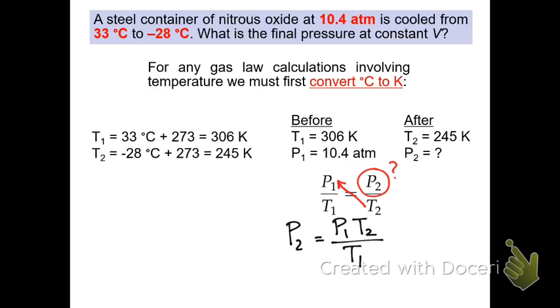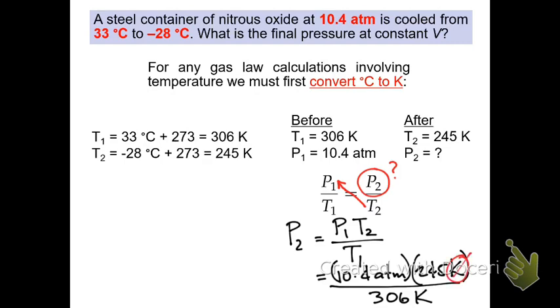And all you have to do now is plug in the numbers. We have an initial pressure of 10.4 atmospheres, and you want to multiply this by the final temperature, which is 245 kelvins, divided by the initial temperature of 306 kelvins.